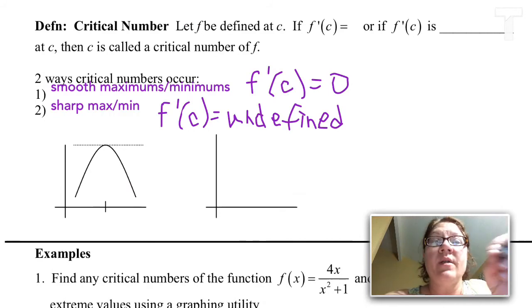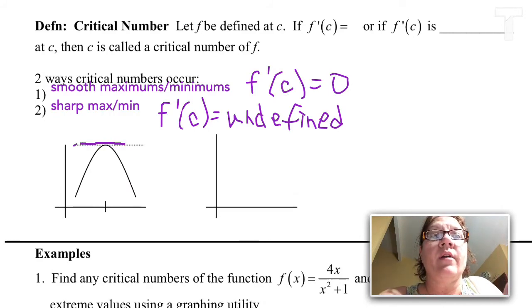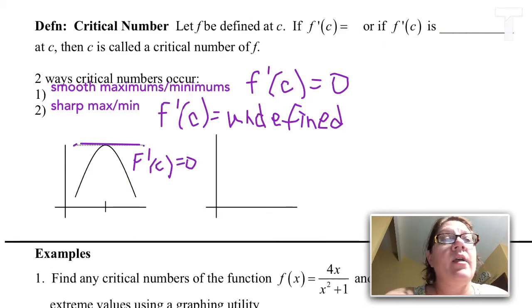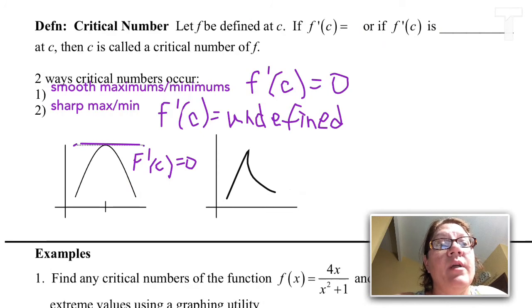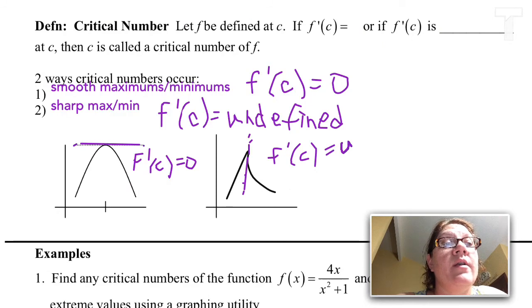Okay, so I've created some examples for you. Of course, here's one where when I draw it in, I get the slope is 0. And another example would be if I get a cusp, because if I draw in the tangent, it's actually vertical, so that's where I get f prime of c is undefined.